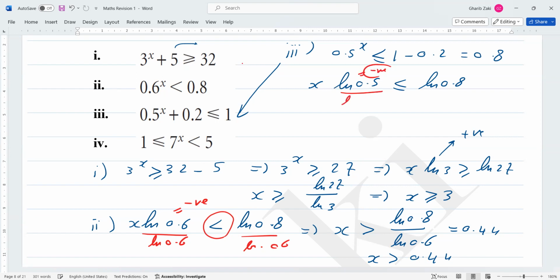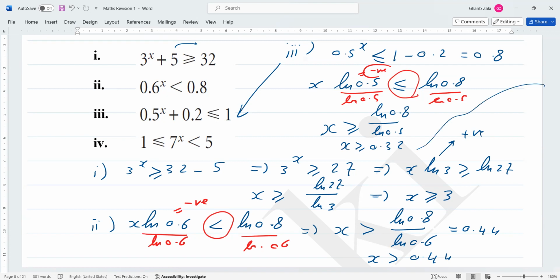Then when we divide by ln 0.5, we have to change the direction. Then x is greater than or equal to ln 0.8 over ln 0.5. The fraction ln 0.8 over ln 0.5 equals 0.32. So x is greater than or equal to 0.32. Okay, guys?